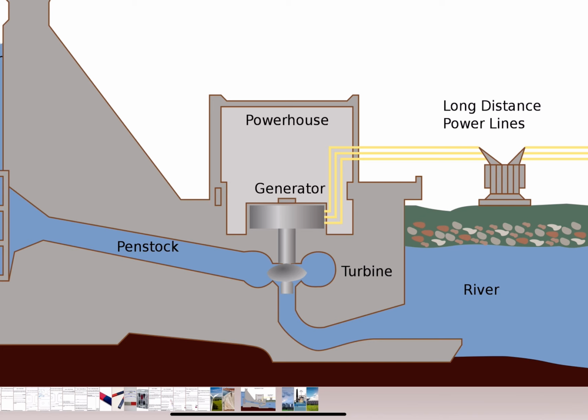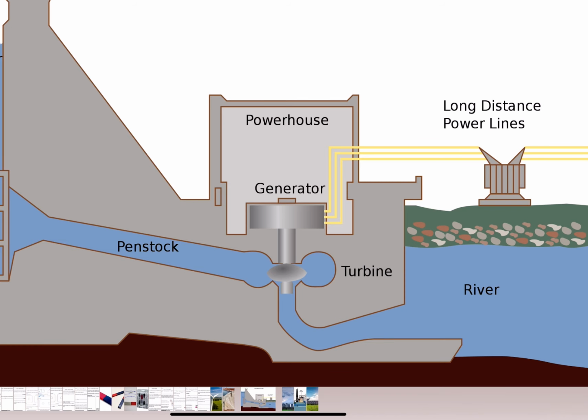Basically, this is a glorified water wheel. So now I have something spinning. Well, what's hooked up to that spinning thing? Some magnets or some coils. And then when I have those magnets and those coils moving relative to each other, I'll get an induced electric current and I'll make electricity, which hooks up to these power lines and heads out to the grid.